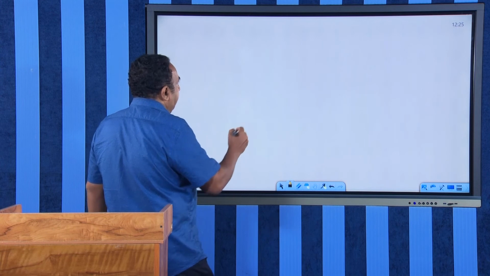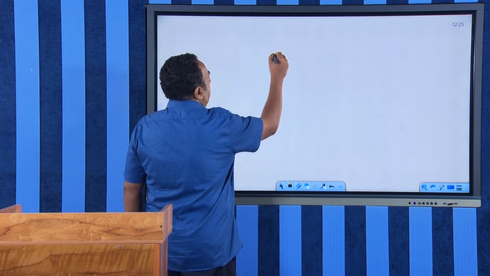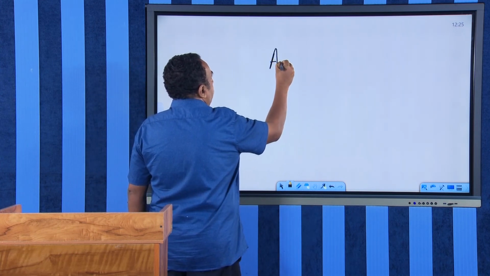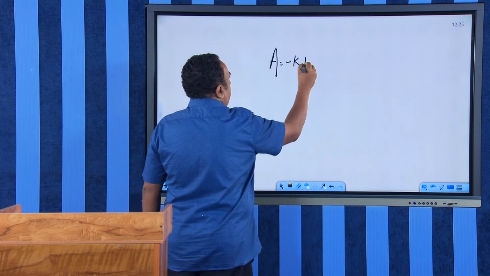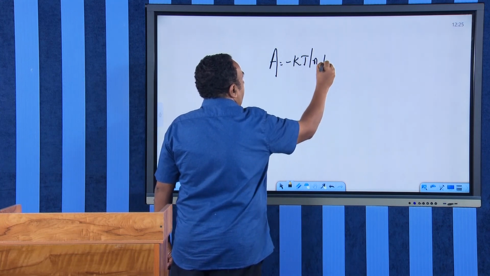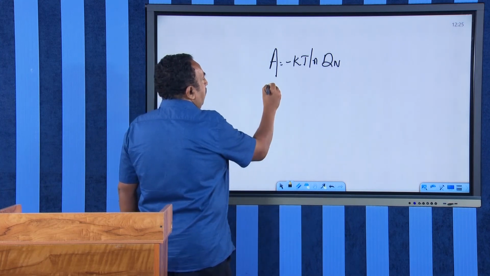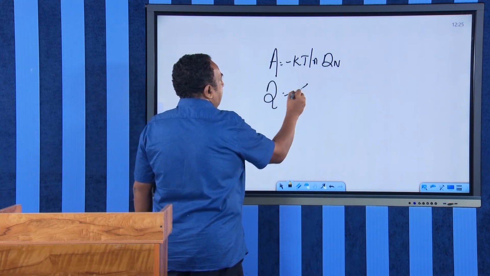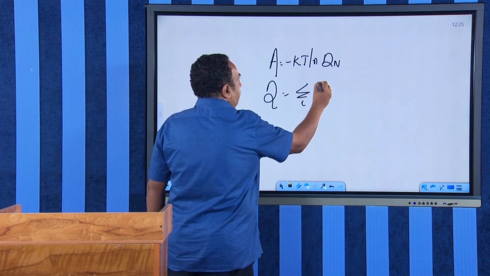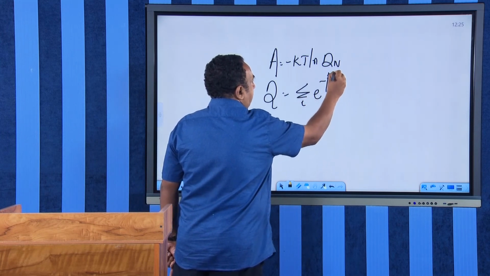In this canonical ensemble you have the bridging equation that was obtained as minus kT log Qn for n particles, and Qn is given by the sum over i of e raised to minus beta Ei.